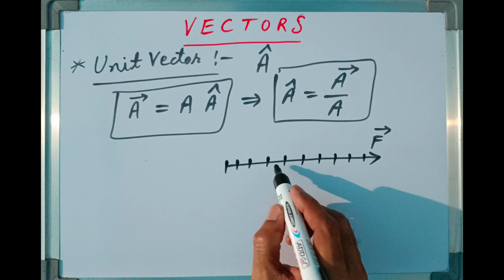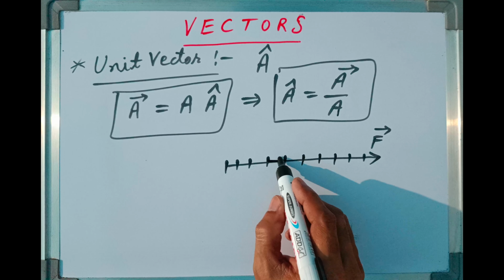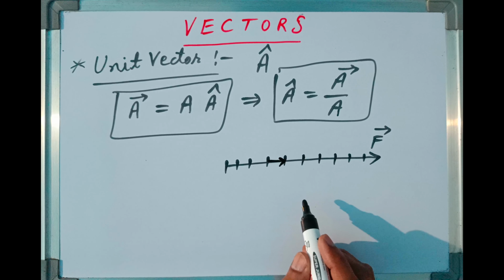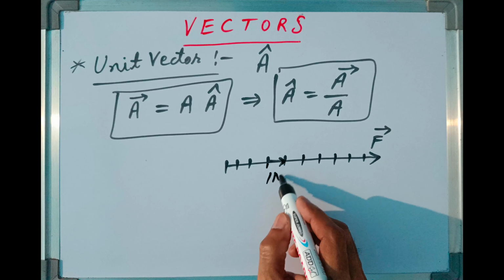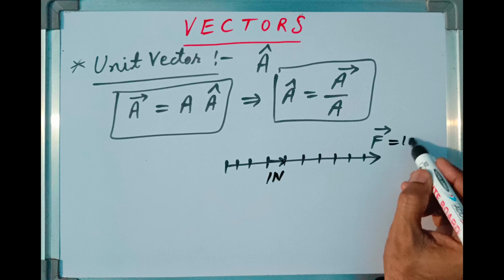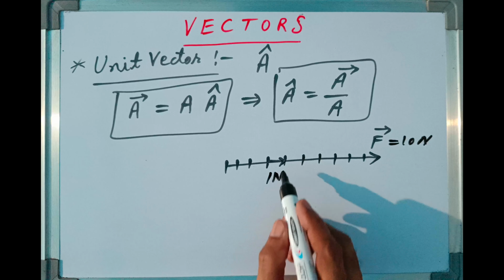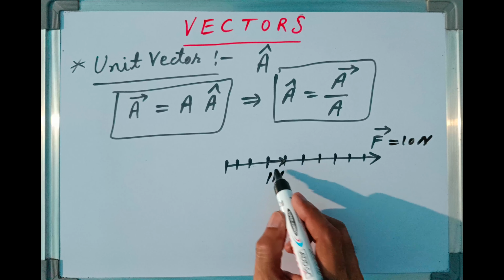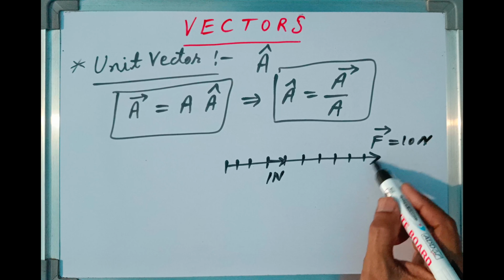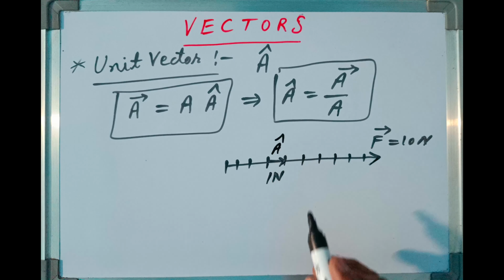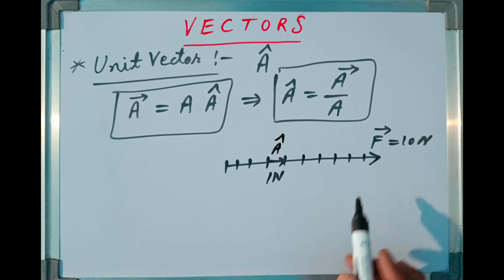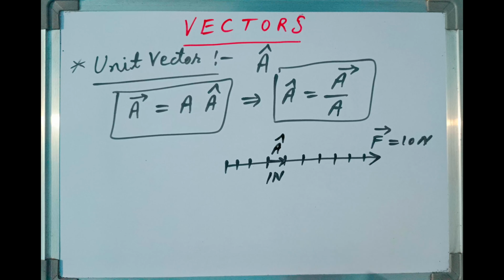So each part of this may be called as a unit vector because each part represents 1 Newton of force if force is of 10 Newton, and the direction of this small vector is same as that of the main vector. So this vector is nothing but F cap, that is a unit vector of force F vector.